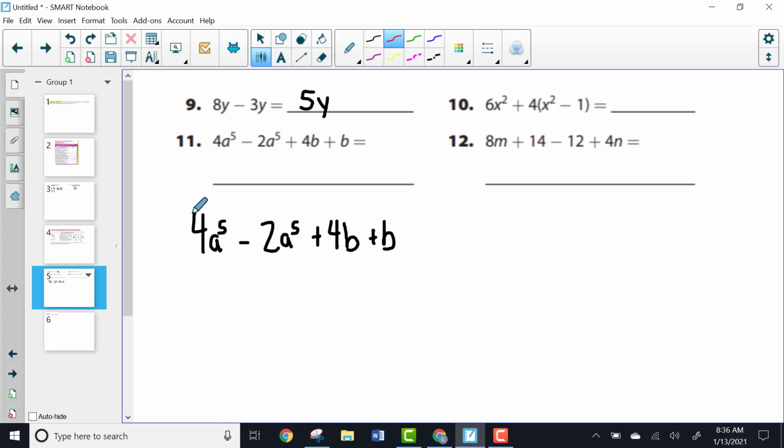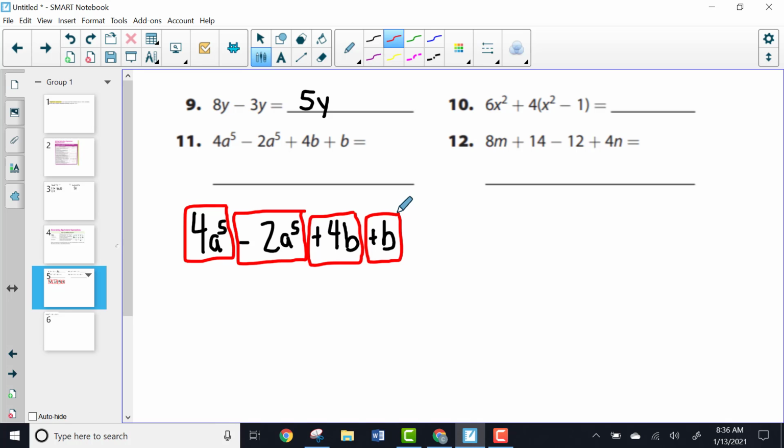After I've written this all out, I'm going to box all my numbers in and separate all my terms. I'm going to make sure I have that positive or negative sign, or that addition or subtraction sign, in front. Now I need to combine like terms.